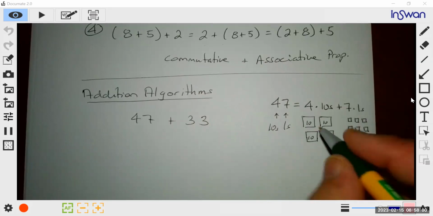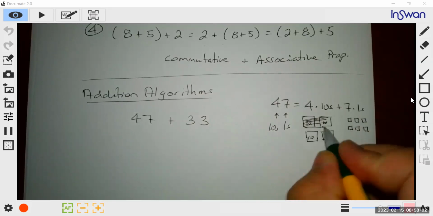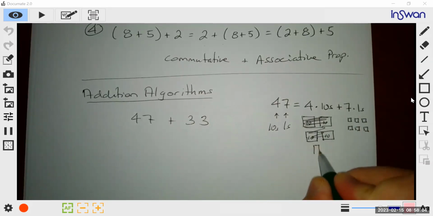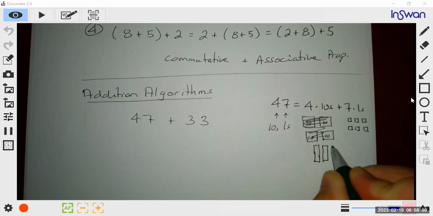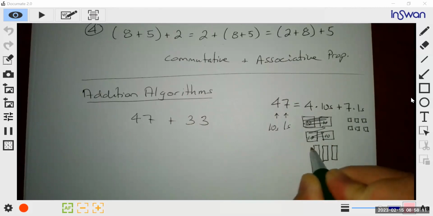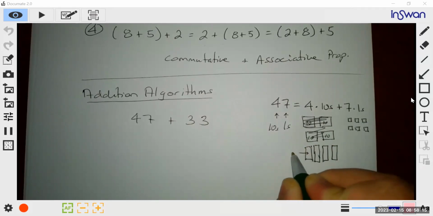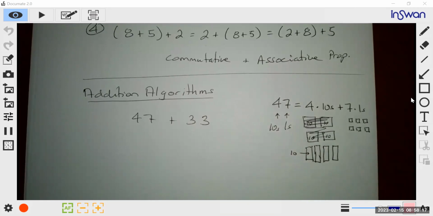Oh, that's not a sheet, I'm sorry. These should be a bar. These are bars. Each bar has 10 ones in it.